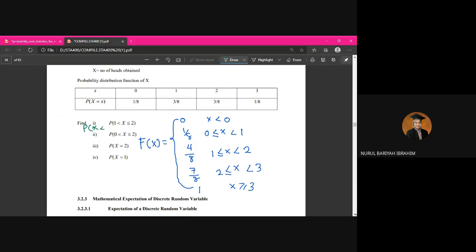So X less than or equal to berapa? Less than or equal to 2. Right? Minus probability of X less than, ni tak termasuk. Kita nak tolak 1. So, tolak 1. 2 ke bawah, tolak 1 ke bawah.